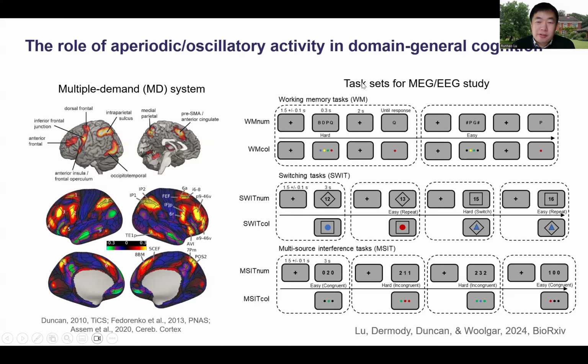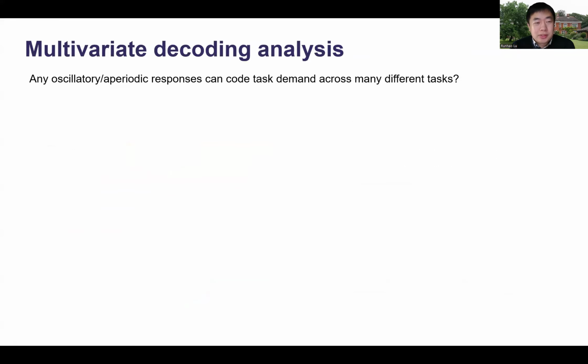We have three different cognitive control tasks: working memory, task switching, and multi-source interference task. For each task, we have hard versus easy conditions. We also have alphanumeric versus color conditions. What we want to do is to see whether any oscillatory or aperiodic response can code task demand across many of these tasks.